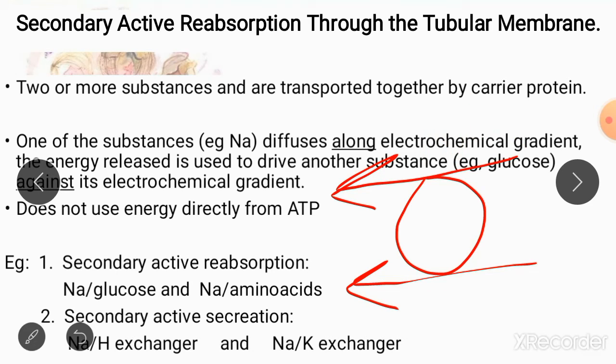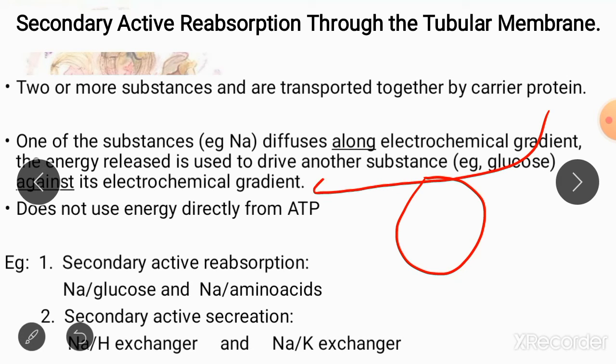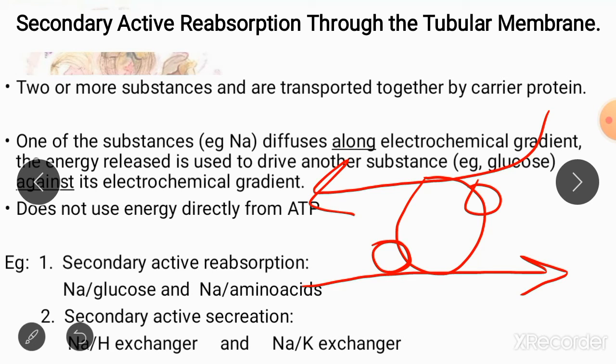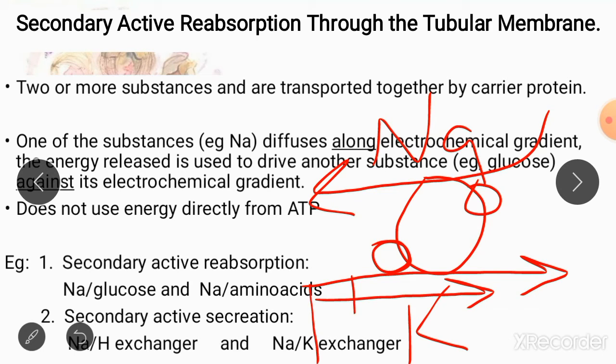But in some other instances there are such proteins present which attach sodium on the outer side, and they attach another substance from inside the cell and they throw it outside against its concentration gradient. And here you can see that this will result in the secretion of this second component, and such examples are sodium hydrogen exchanger and sodium potassium exchanger.